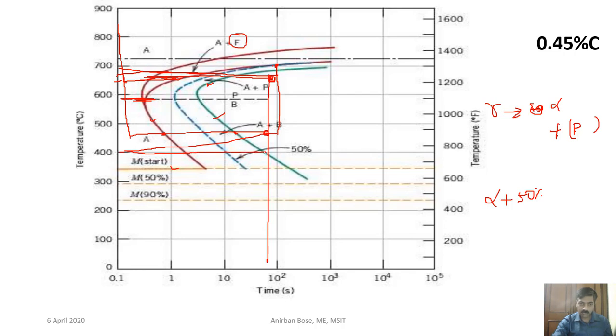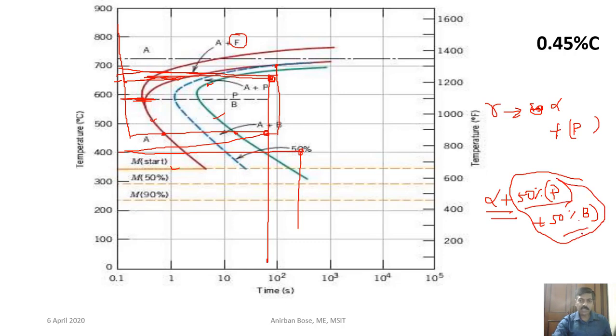So the remaining portion will be bainite. So 50% pearlite and 50% bainite. Alpha ferrite will be there, and the remaining portion will be divided into pearlite and bainite.